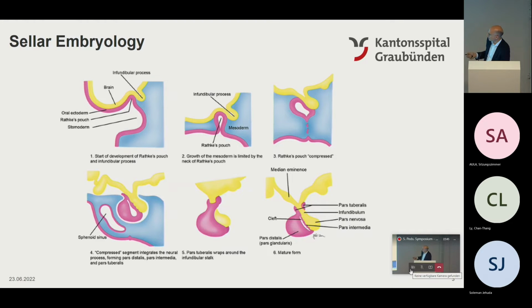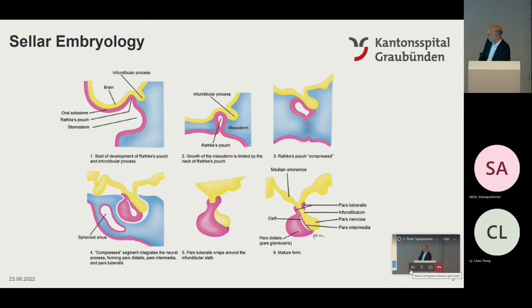This pouch is called Rathke's pouch, and after a while there's a disconnection between the oral ectoderm and the neuroectoderm, and the neurohypophysis and the adenohypophysis are fully developed. You see the adenohypophysis has 3 segments.